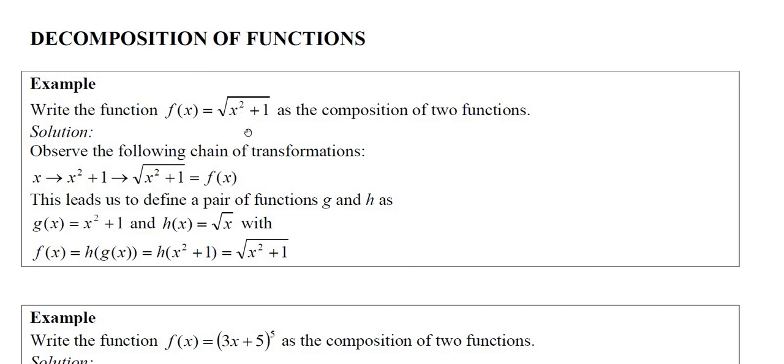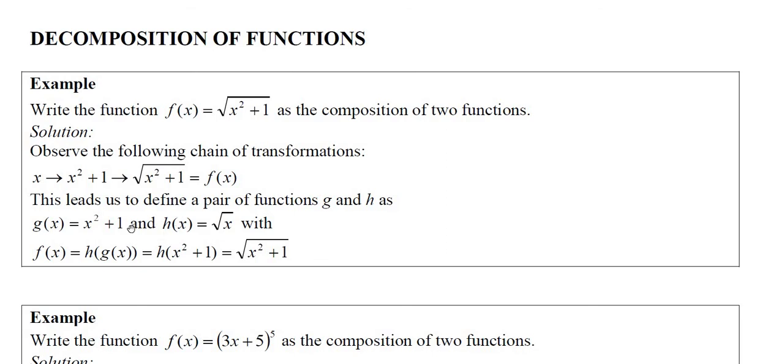Okay. So then maybe I can have a g that is x squared plus 1, and then I can have h, which is the square root of x. So if I put this in there, I will have that. In other words, if I do h circle g, meaning I put g into h, and this is my g and this is my h, I will find that.